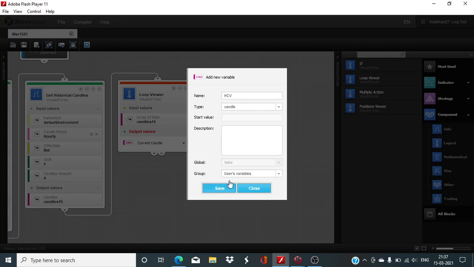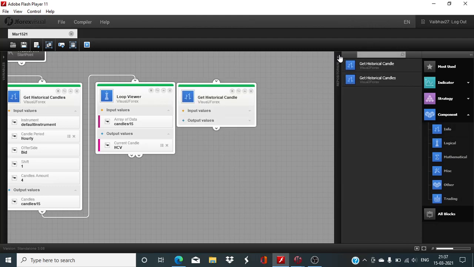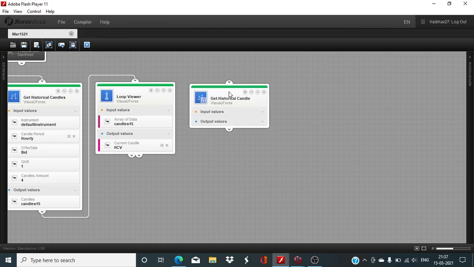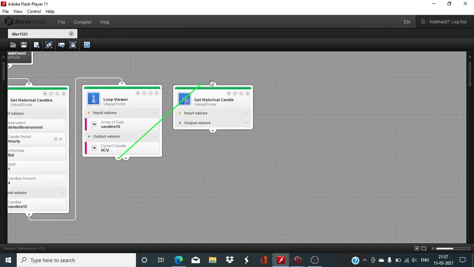Okay, and then we also have to take single historical candle to look at the last hourly price action loop.